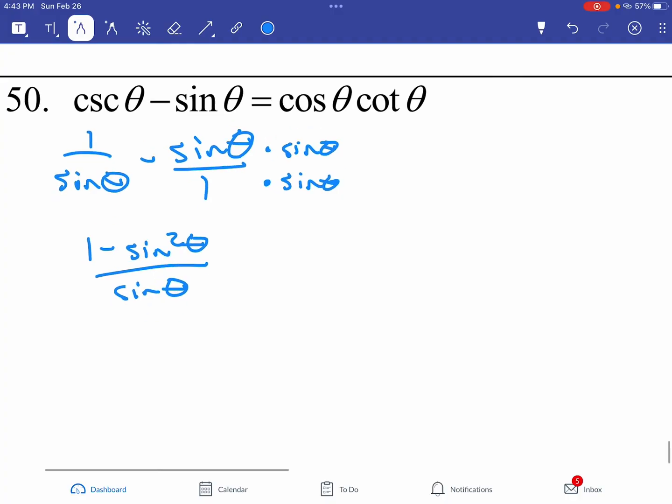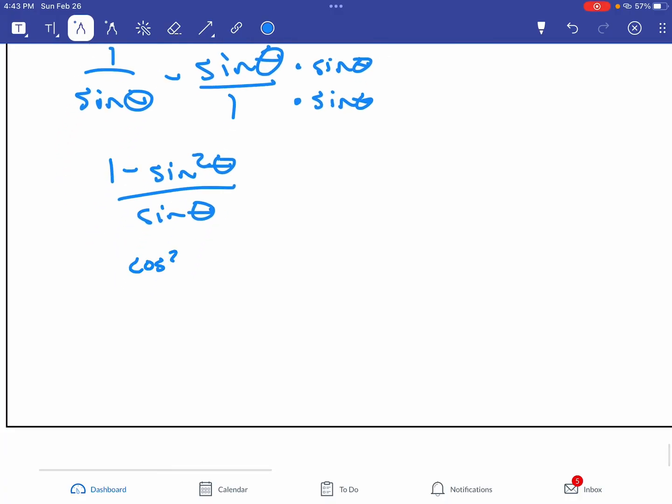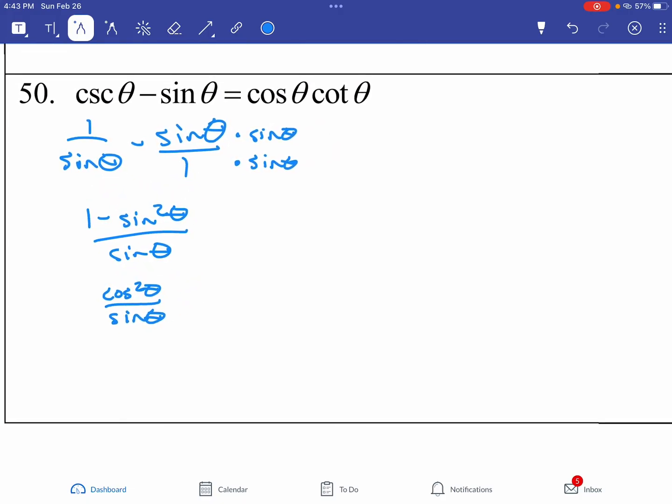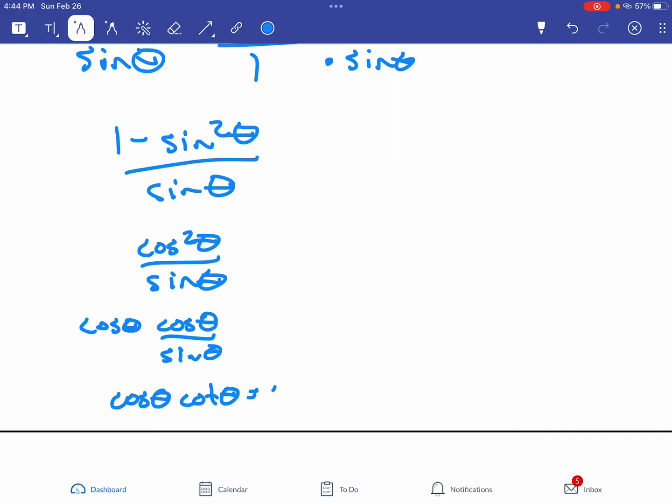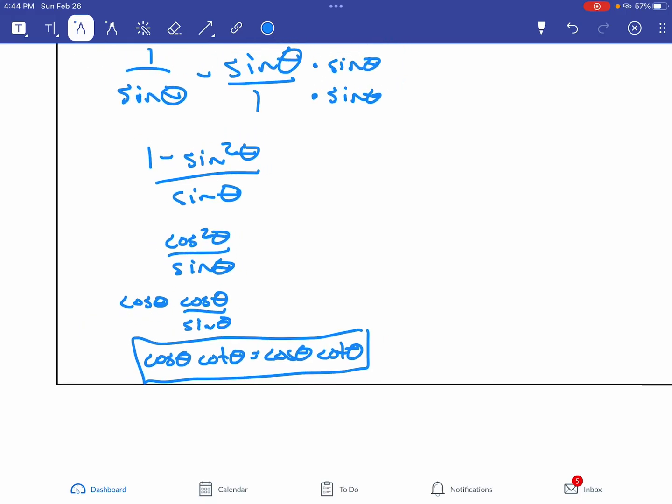The 1 minus sine squared becomes cosine squared as a Pythagorean identity over sine. And then because I know this is verifying and I have to get cosine times cotangent, I'm going to break up the cosines. Divide this one by sine. So I get cosine times cotangent. Last one.